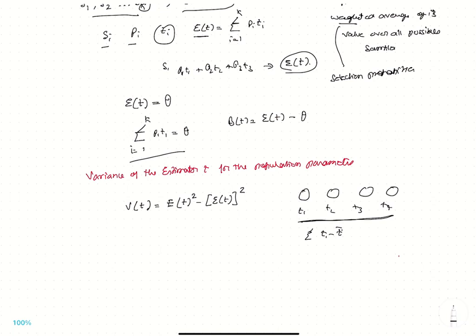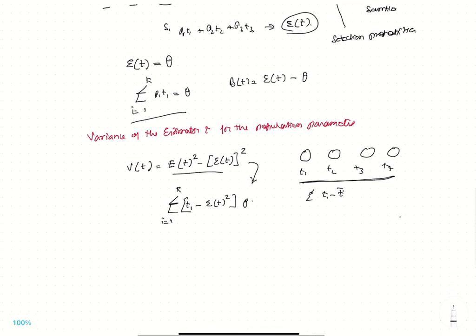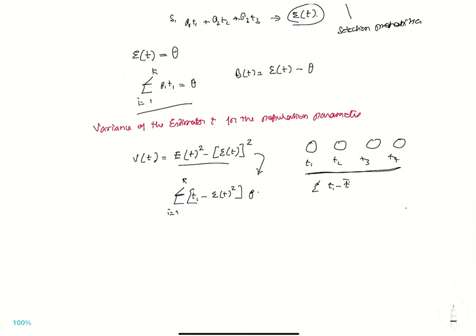But the alternative definition of variance, which simplifies to this equation, is the sum from i equal to 1 to k of Ti minus the expected value of T, squared, times Pi. So the variance of an estimator indicates the amount of variation in all the possible values of the estimator over repeated samples.